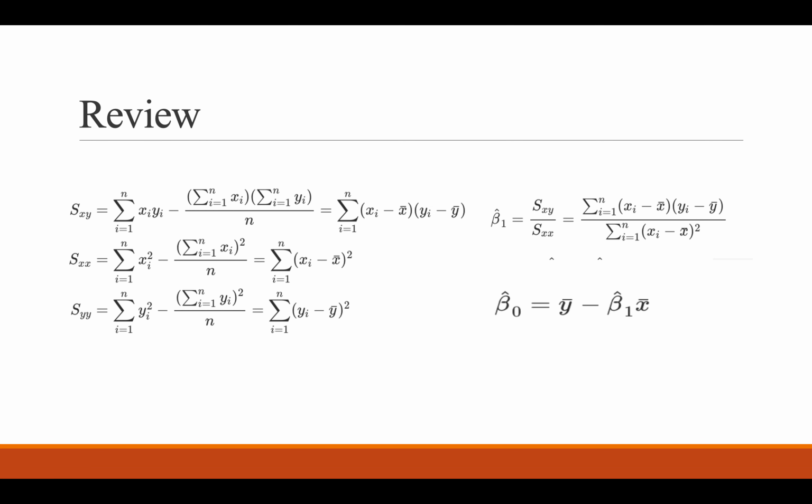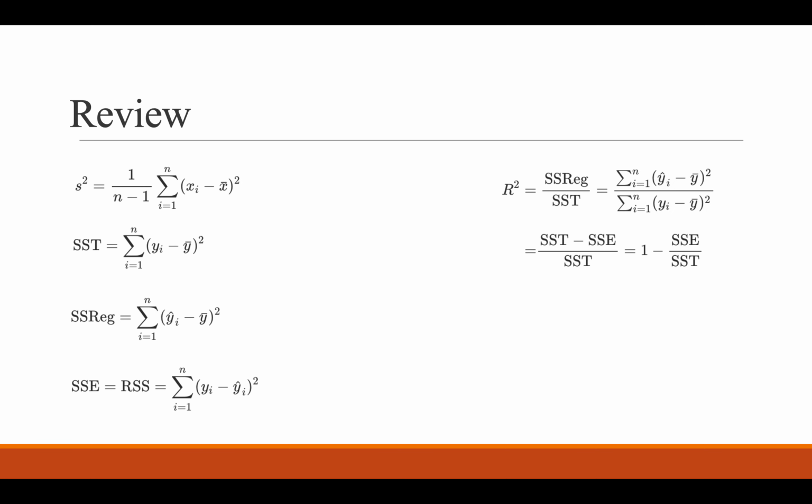So, in review, we learned how to find beta 1 hat and beta 0 hat utilizing SXY, SXX, and SYY. This is done using the least squares approach. We can then make predictions on our model using beta 0 and beta 1. We also learned how to calculate the variance and the standard deviation, which is just the square root of variance.